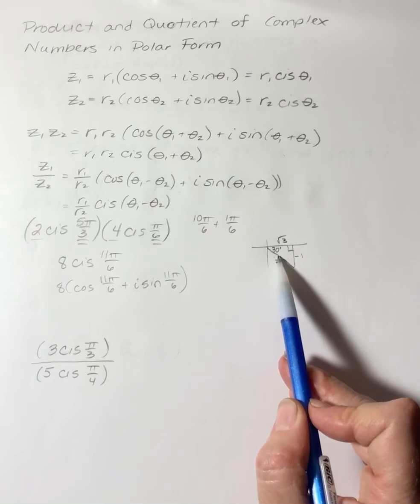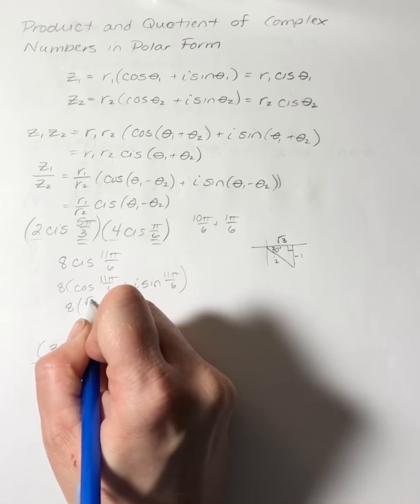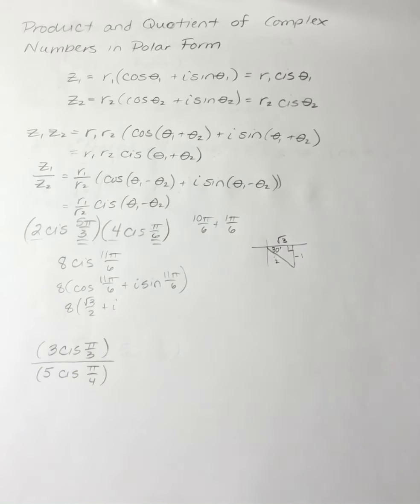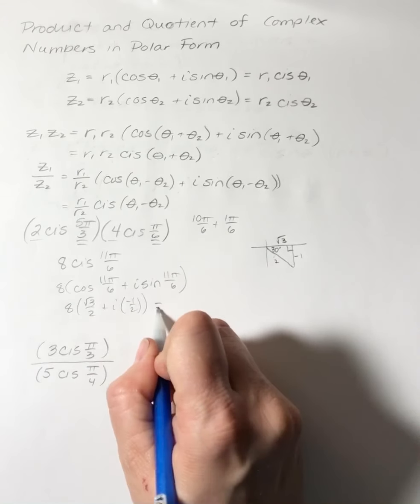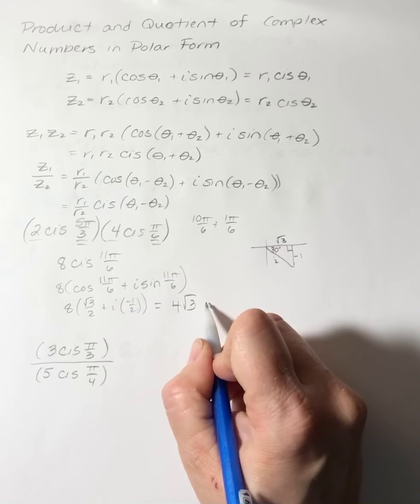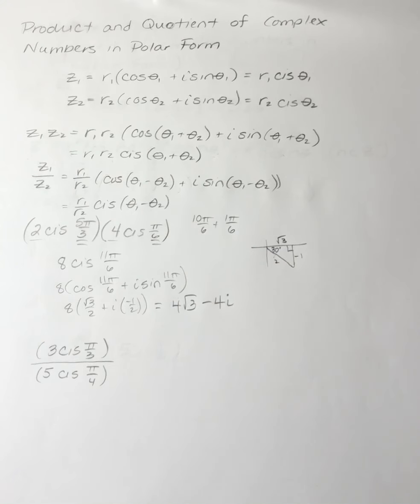So the cosine of 11 pi over 6 is square root of 3 over 2. And then the sine of 11 pi over 6 is a negative 1/2. And then if I distribute, I get 4 square roots of 3 minus 4i.